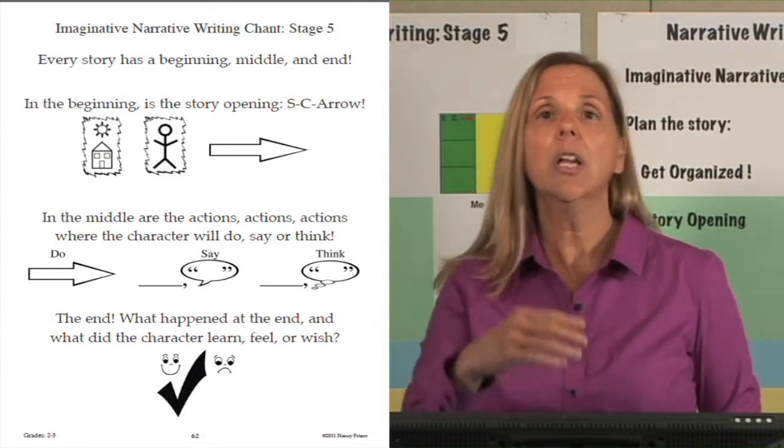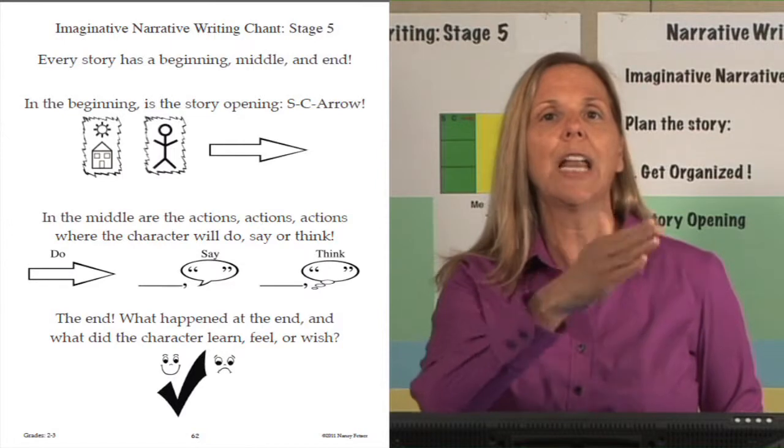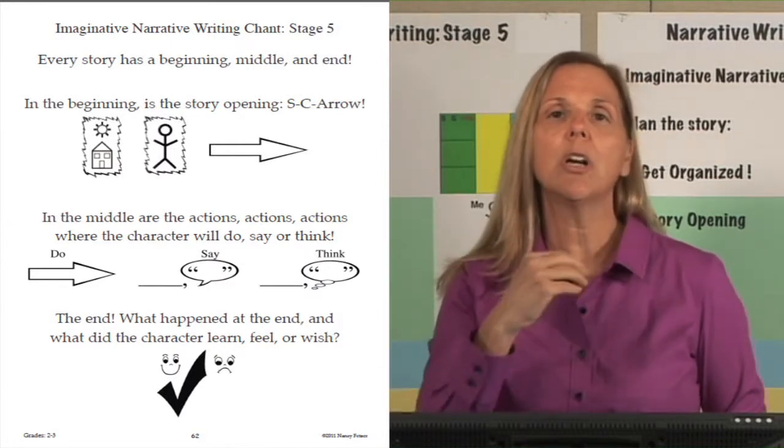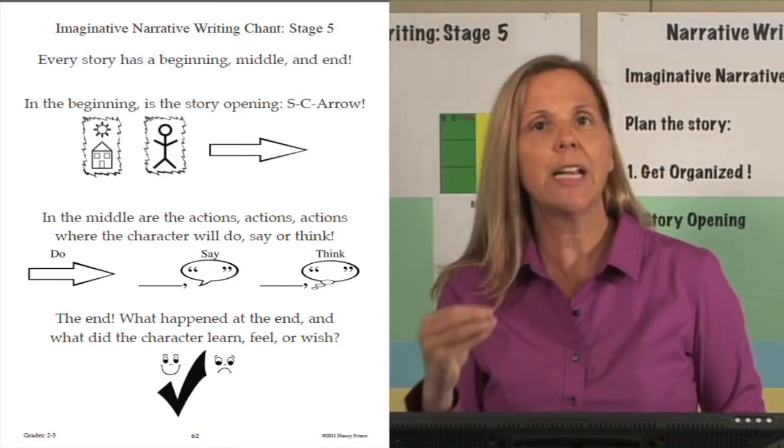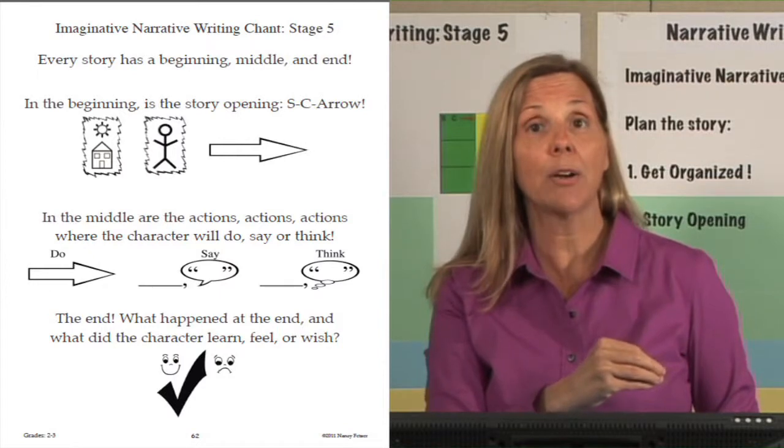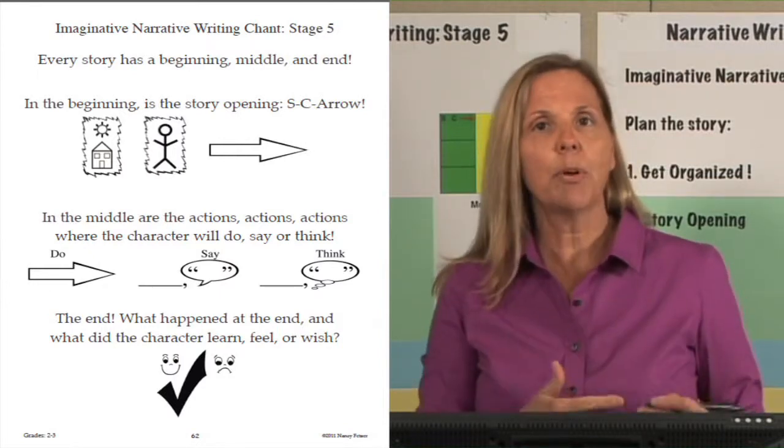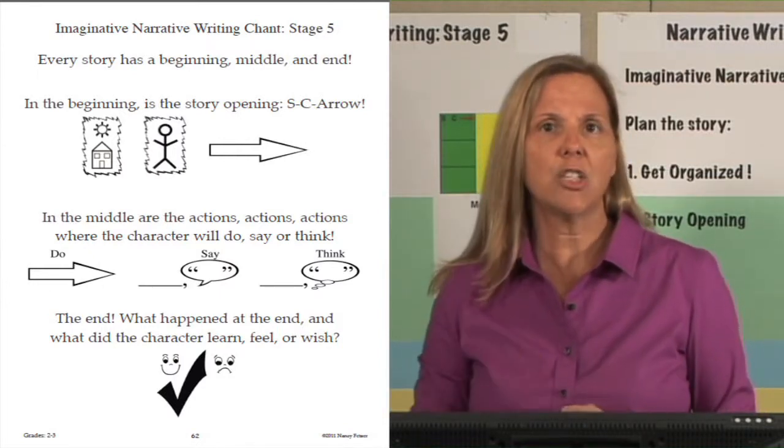So at this level, you're looking at beginning, middle, and end, sequencing in each part, and also deciding if you need to have more than 1 paragraph. That's a big jump from stage 4 to stage 5.